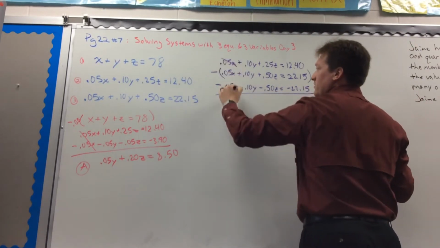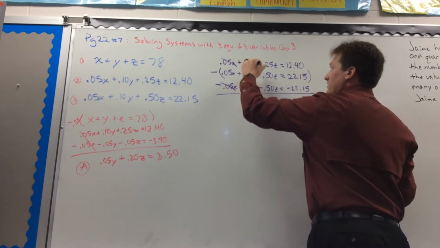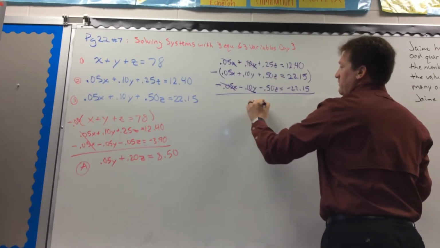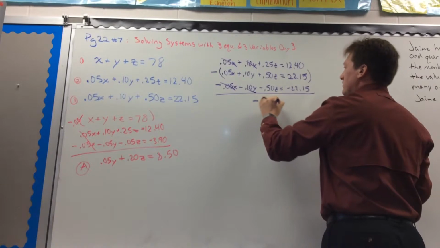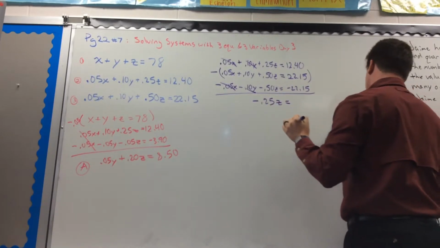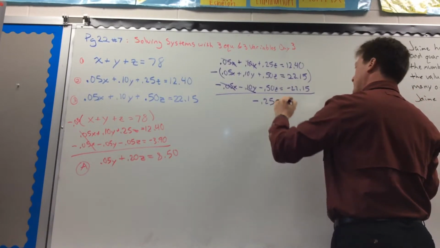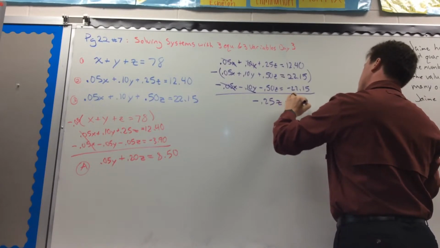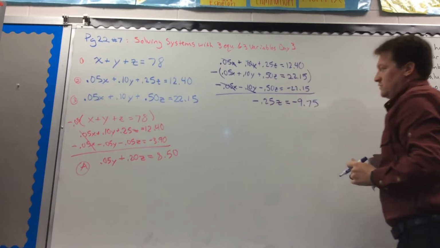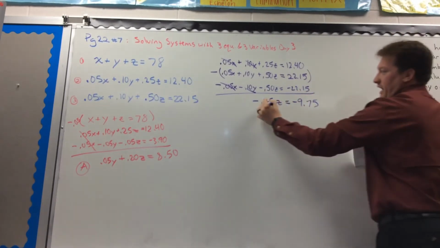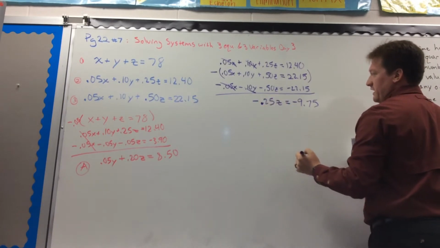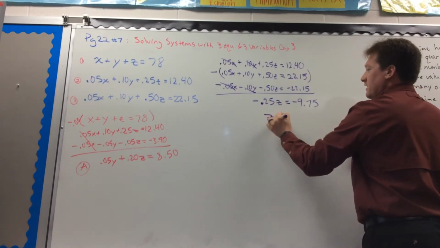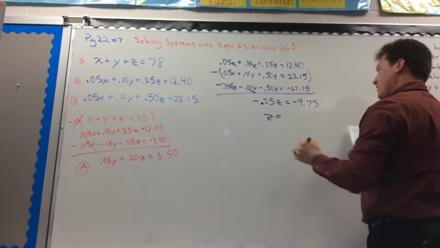The x's cancel, the y's cancel, and I'm left with negative 0.25z is equal to negative 9.75. So from there, I'm going to divide by negative 0.25, and that's going to give me z is equal to 39.